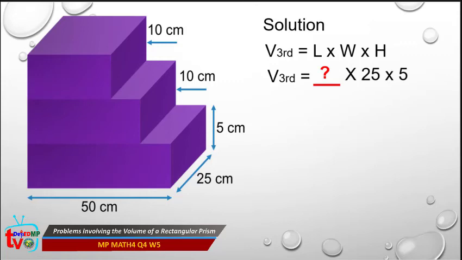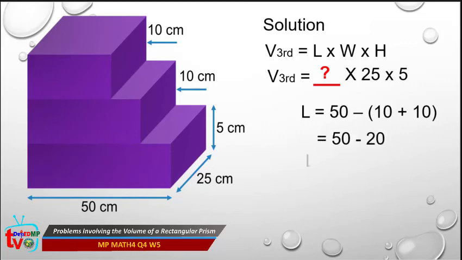To complete the formula, we need to solve for the length. We subtract 10 plus 10 from 50 because the third layer is 20 centimeters shorter than the first layer. So 50 minus 20 is equal to 30 centimeters.